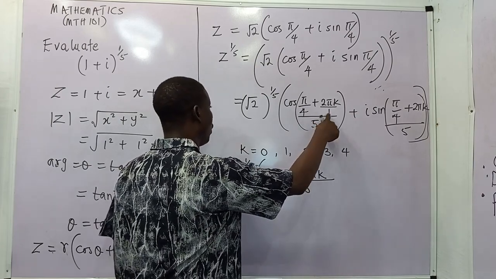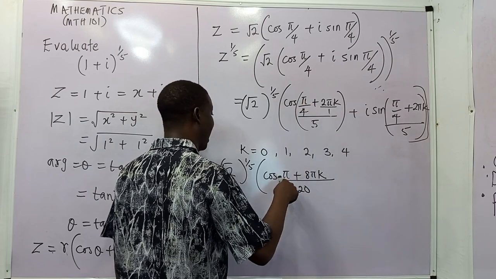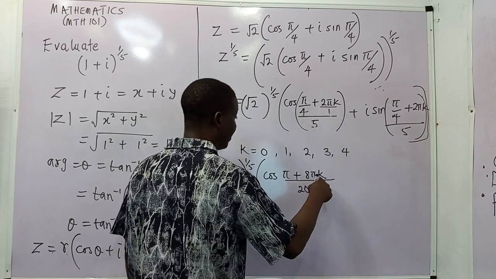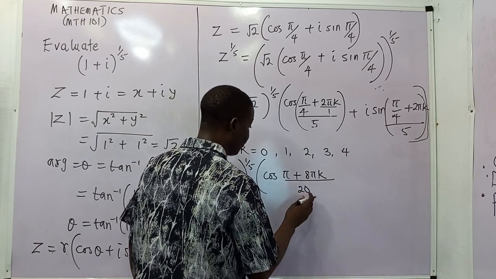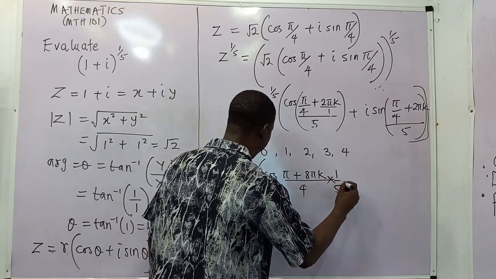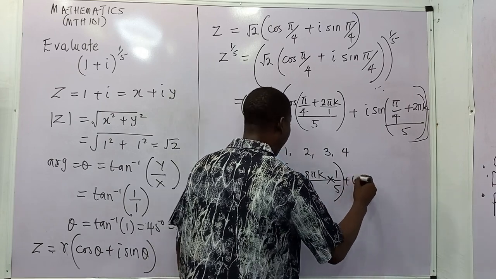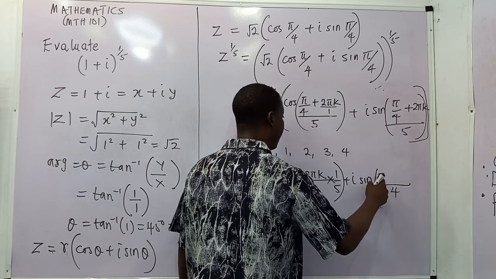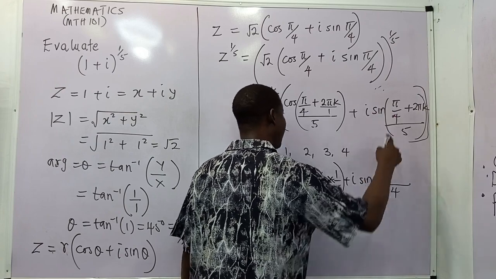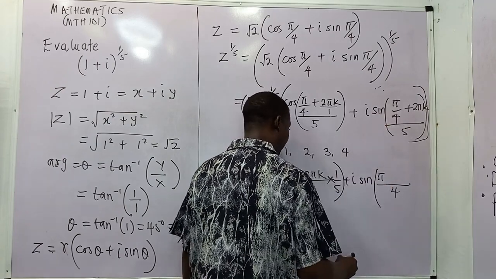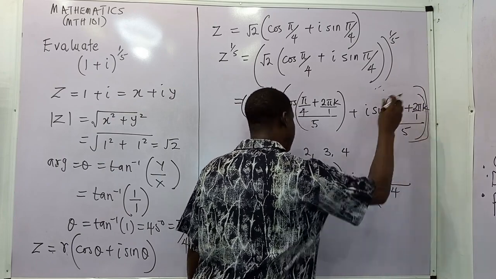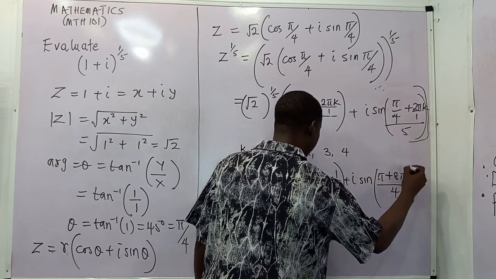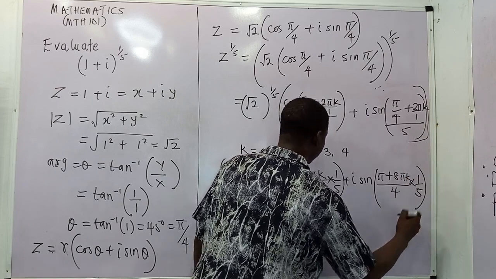The LCM of this side is 4. 4 divided by 4 is 1, times pi is pi, plus 4 divided by 1 is 4, times 2 pi k gives 8 pi k. Then the same for the sine: the LCM is 4, 4 divided by 4 is 1 times pi is pi, plus 4 times 2 pi k is 8 pi k, times 1 over 5. So we can write it that way.